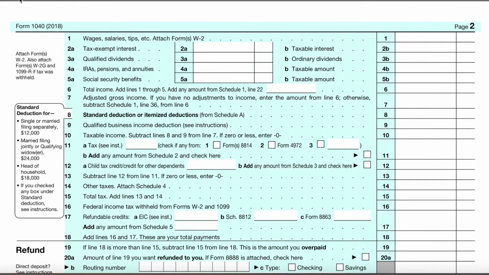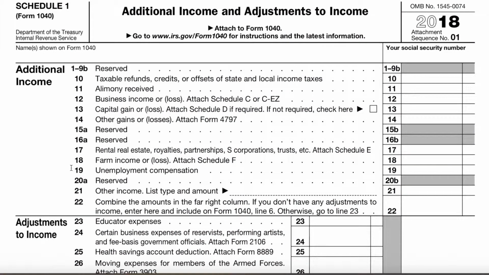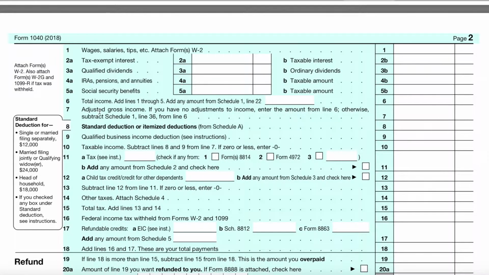However, we have to go through Schedule 1 to figure out all the other additions to income, such as capital gain, loss, alimonies, taxable refunds, rental real estate, all that good stuff. Going back to the form, the sum of all of those would go on line 6. And then we go to line 7, AGI, adjusted gross income.